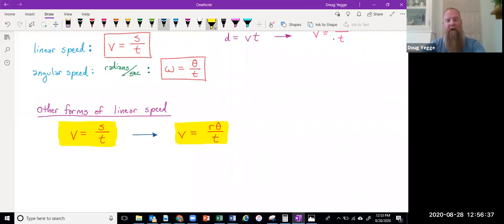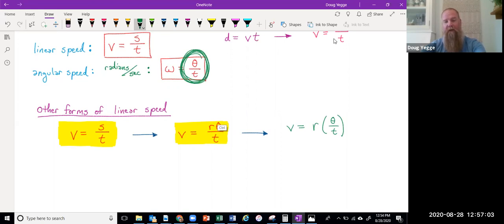But now by putting it into this form, we should notice something else as well, that I could basically take the R value out of that fraction and rewrite this as V equals R times theta over T. But notice what theta over T stands for. Theta over T is the angular speed.